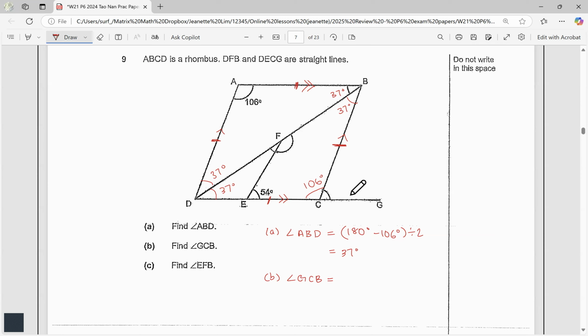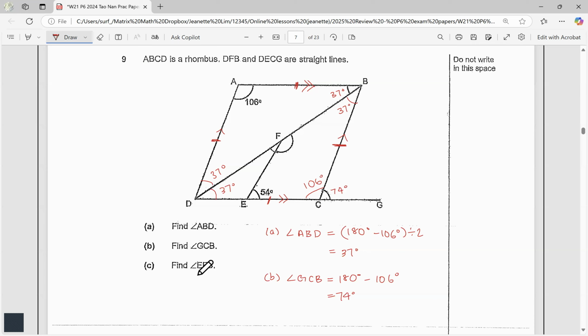So we take, this is a 180 straight line, 180 minus 106. So this is 74 degrees.